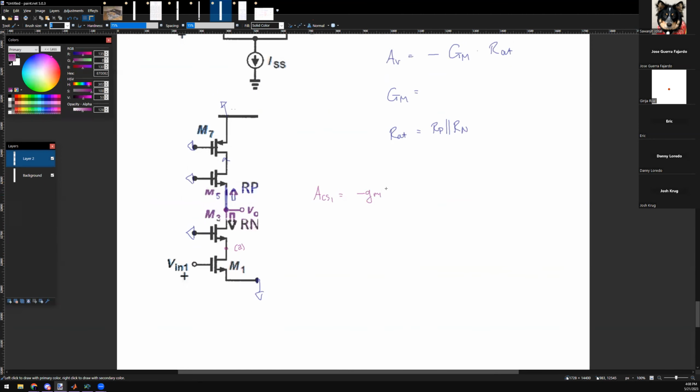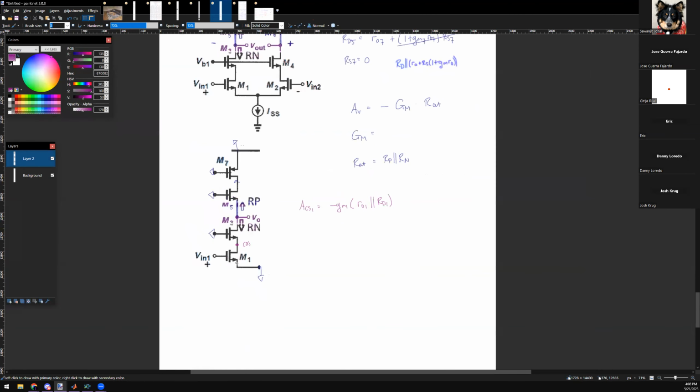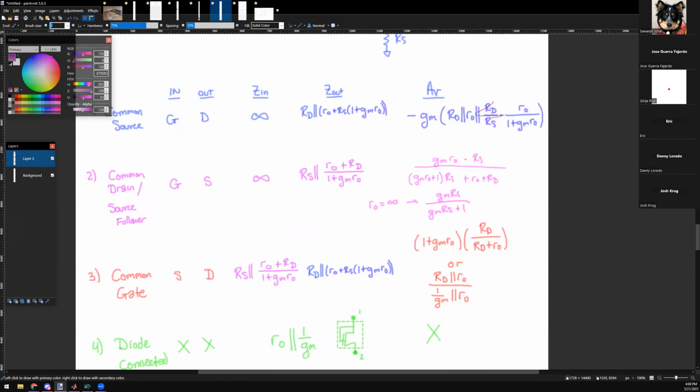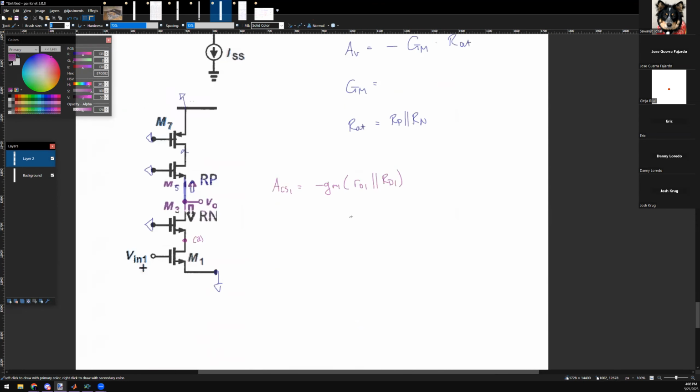GM1 times R naught 1 in parallel with the drain impedance of 1. Because there's no RS, I eliminated that last term. I got rid of this term. I just took these two. So I took RD.